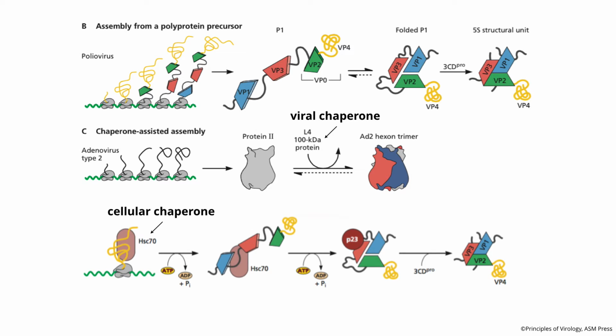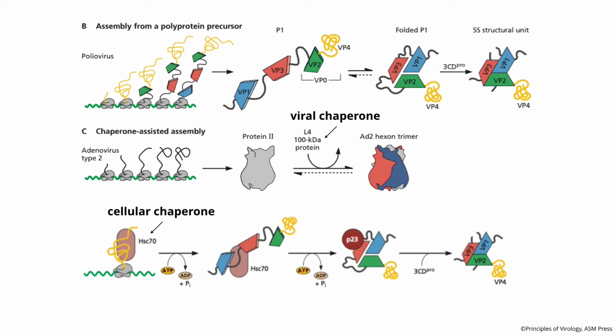And on the bottom is now the same assembly pattern that we saw for poliovirus at the top, except I've added the cellular chaperone, which happens to be a protein called HSC70, heat shock protein 70, which has roles in the cell of quality control, making sure proteins are folded properly. The viral proteins have a requirement for it to fold properly.